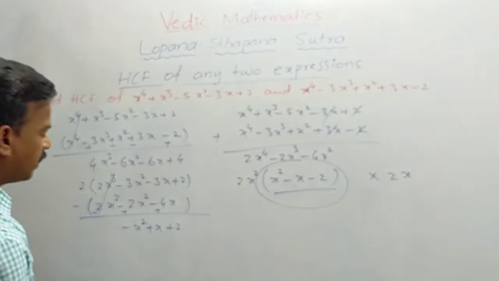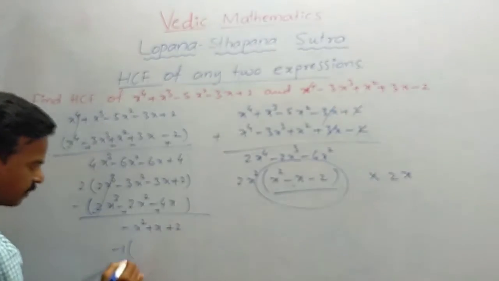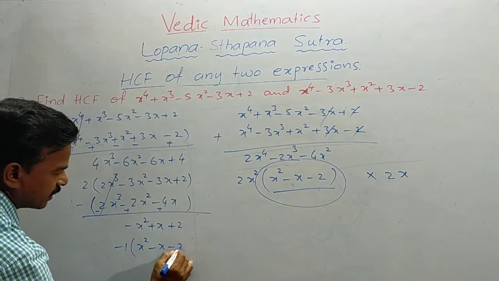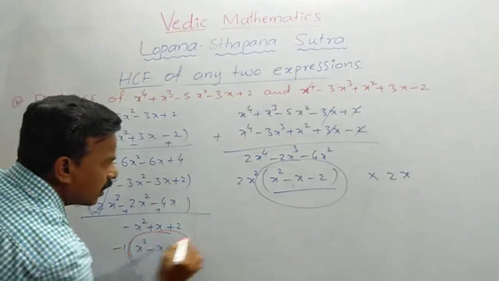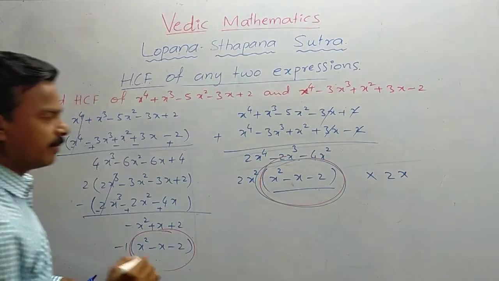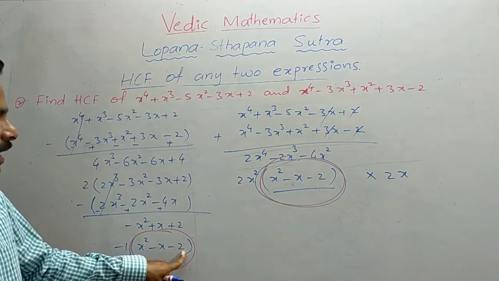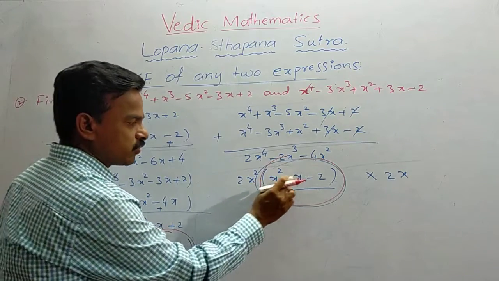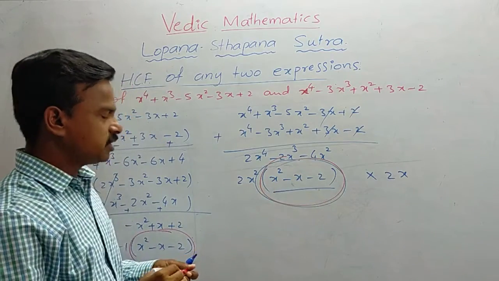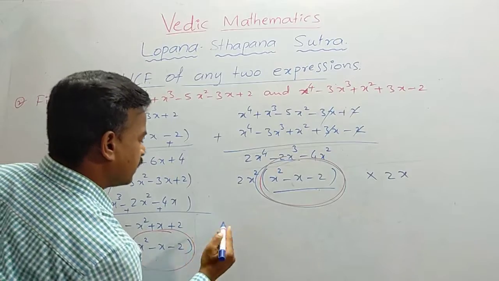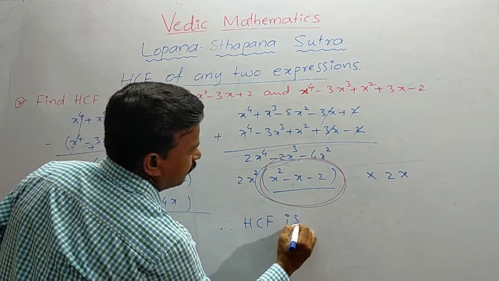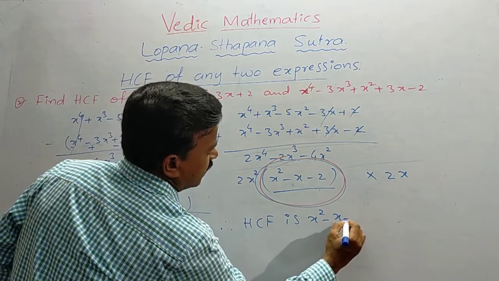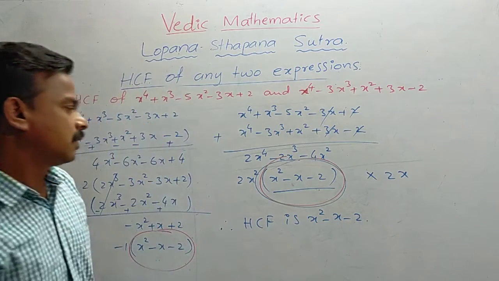Okay, take common minus 1 from here, so here we get x square minus x minus 2. Now you observe this one and this one are common, x square minus x minus 2 and x square minus x minus 2. That's why the HCF is x square minus x minus 2.